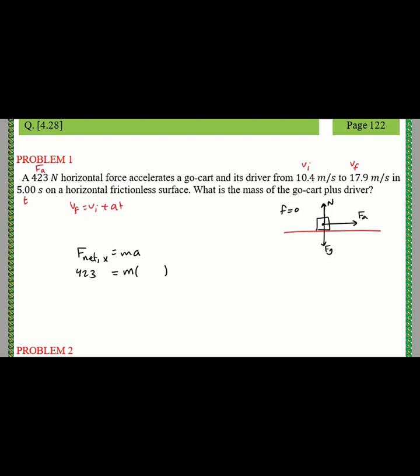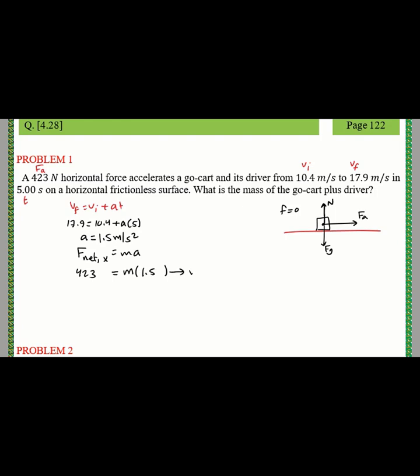V final, it is 17.9, equals V initial 10.4 plus acceleration times the time 5. From here we have the acceleration equals 1.5 meters per second squared.